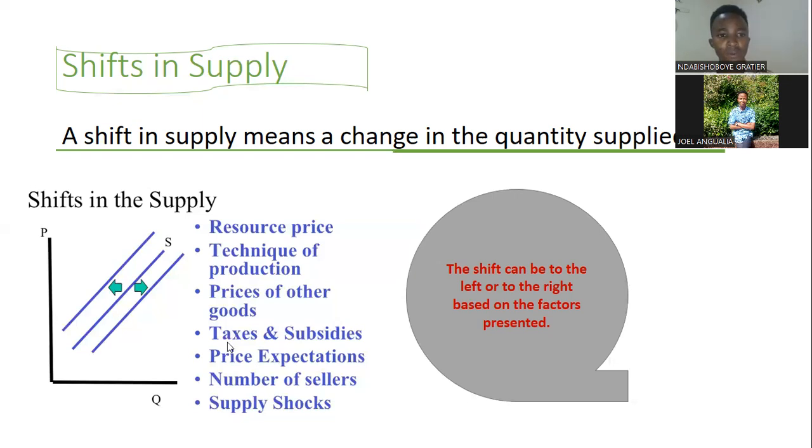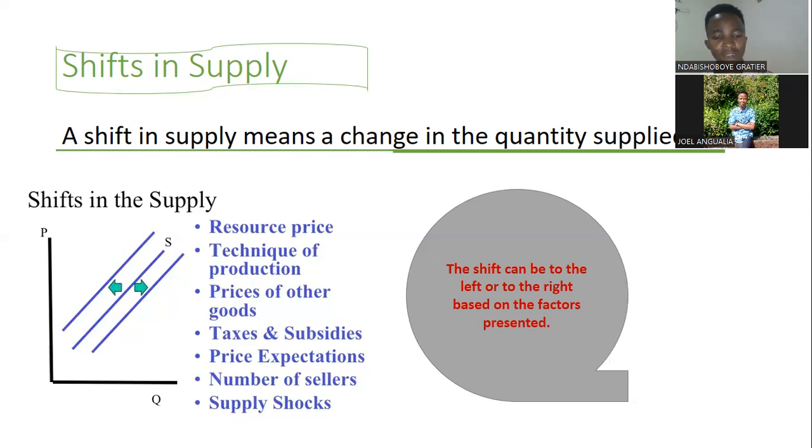Price expectation. In case producers anticipate an increase in the price of a certain commodity, they will supply more. However, if they anticipate a decrease in the price, they will have to reduce the supply, shifting it to the left.